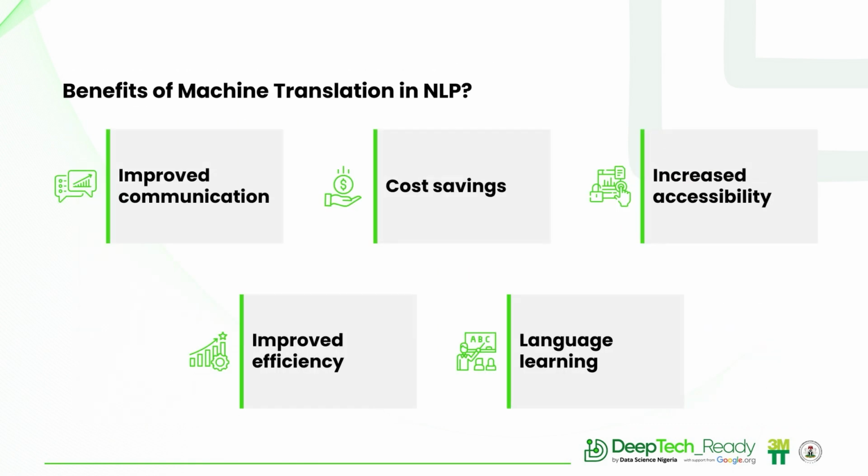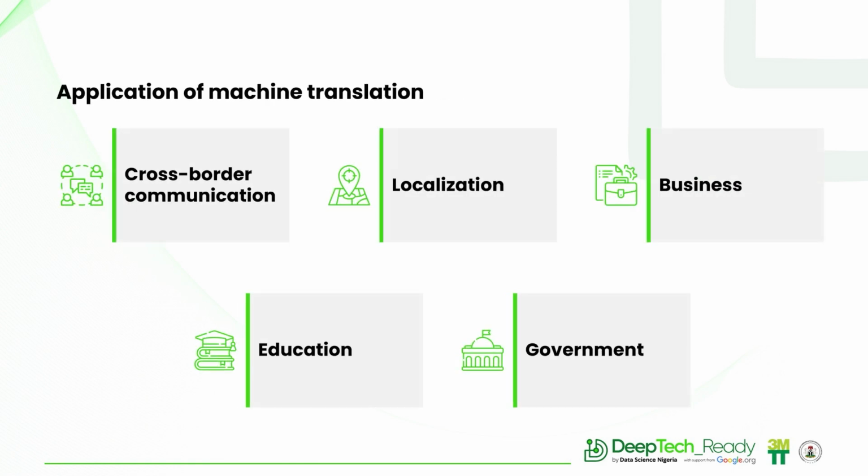Machine translation is essential in NLP for several reasons, including improved communication, cost savings, increased accessibility, improved efficiency, and language learning. Machine translation has widespread application across various sectors, including cross-border communication, localization, business, education, and government.